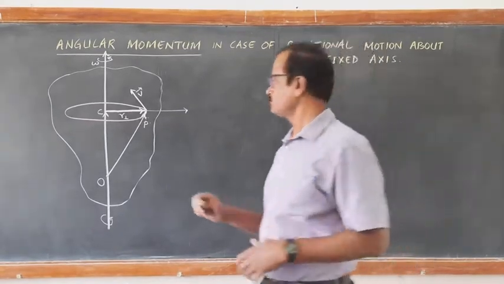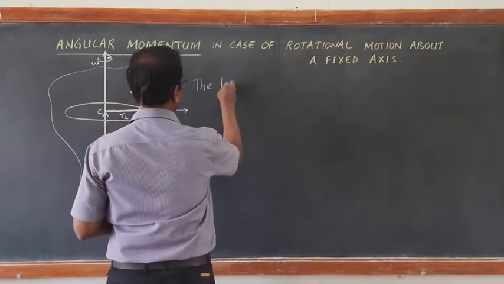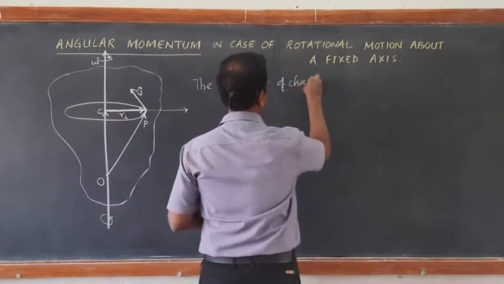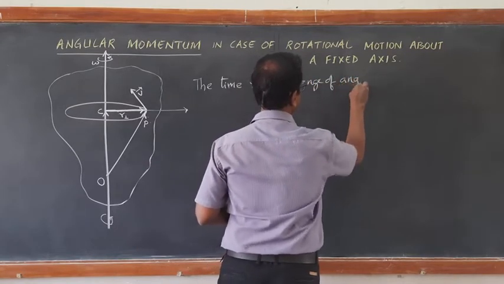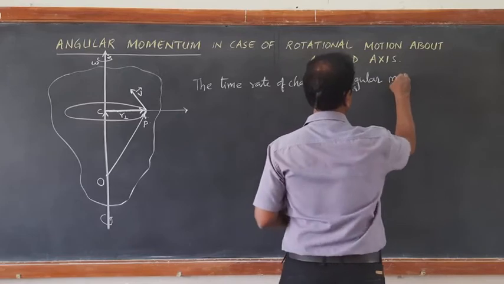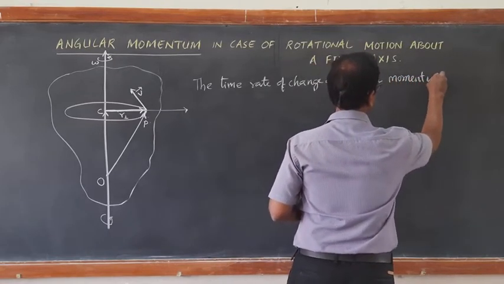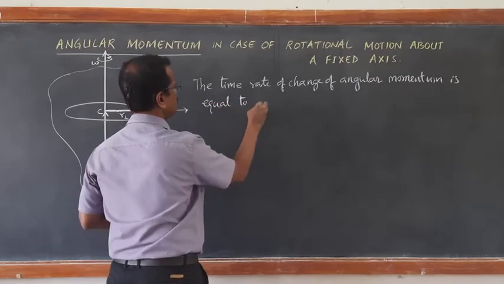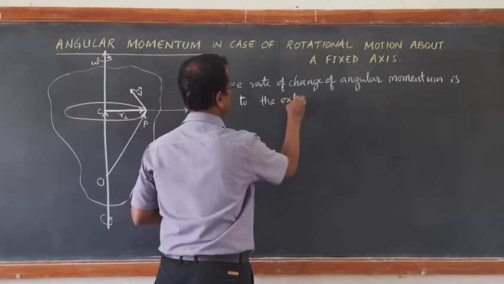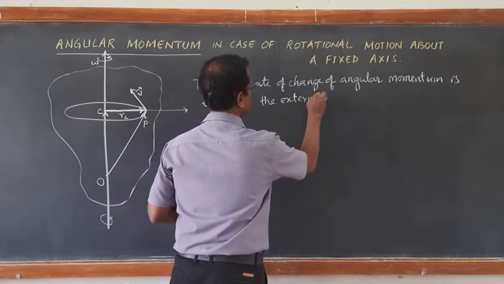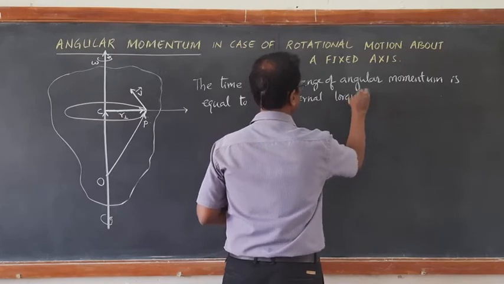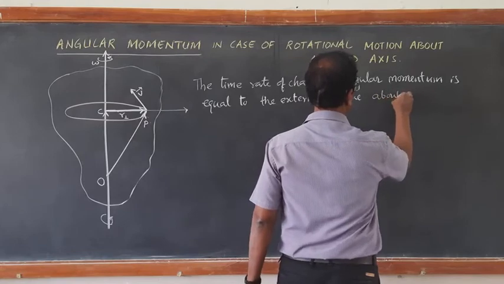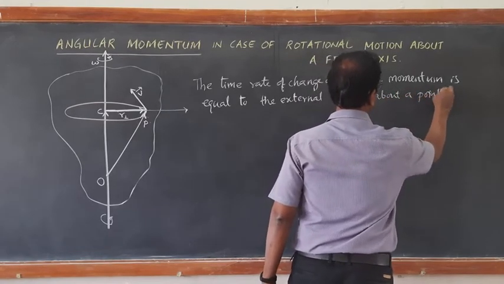The time rate of change of angular momentum is equal to the external torque about a fixed axis.